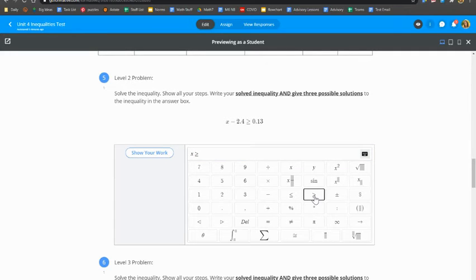We don't have to spell it out like we did on Schoology. So x is greater than or equal to, you could say 58, for instance, and then you would give 3 possible solutions. X equals maybe 5, 10, and -13. That would be a great example of an answer. You've included the solved inequality and 3 possible solutions that would work in your solved inequality or the original inequality.